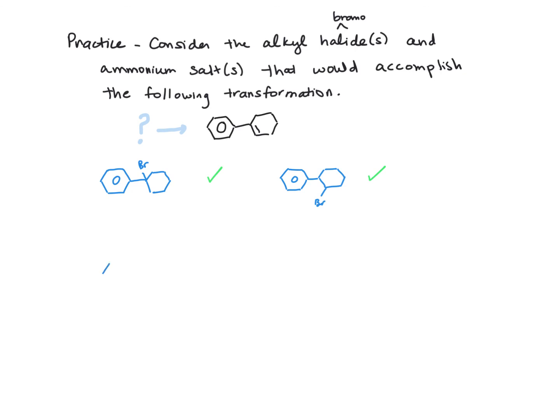Let's look at putting the trimethylammonium group on both sides of where the alkene forms.